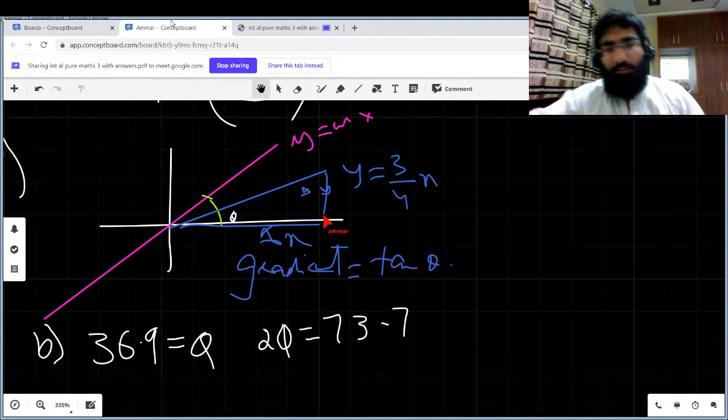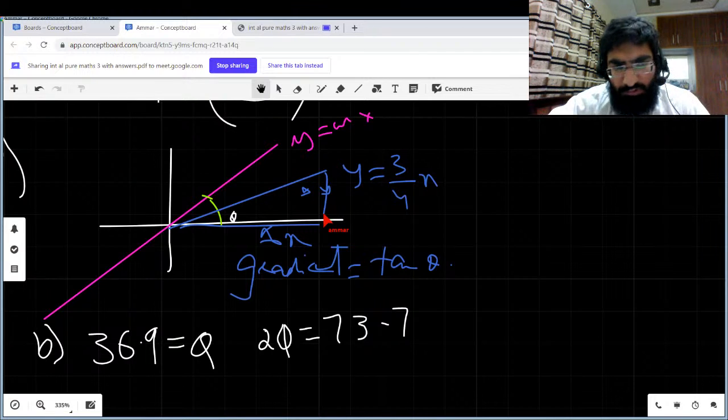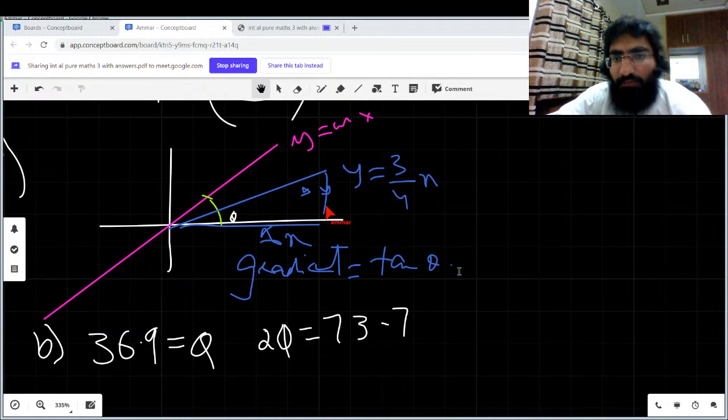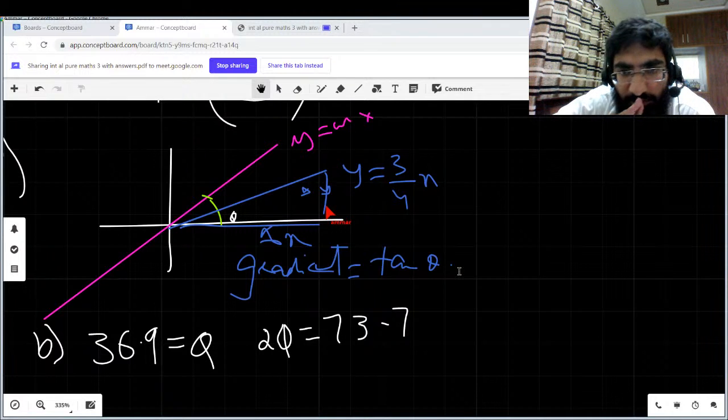Yes, sir. What's the position? So we have got y is equal to 3/4 x. It bisects. So theta will be double.